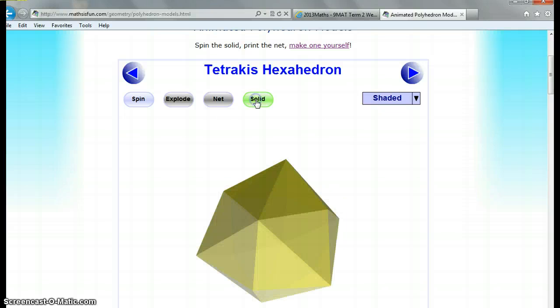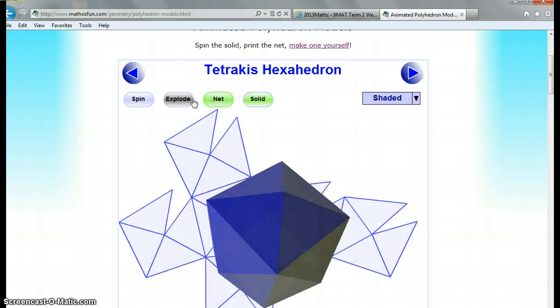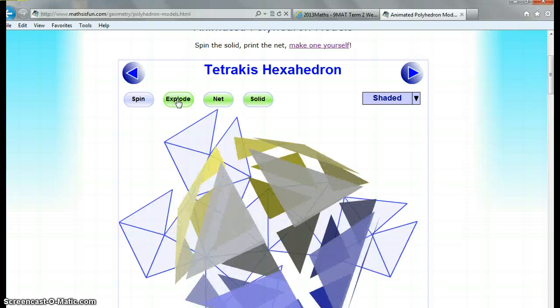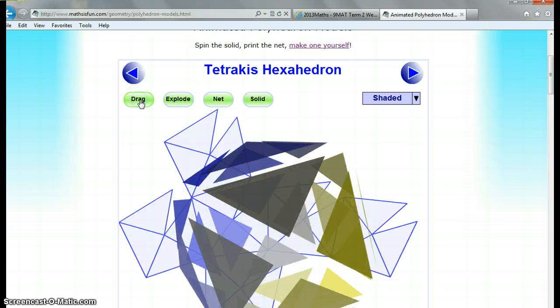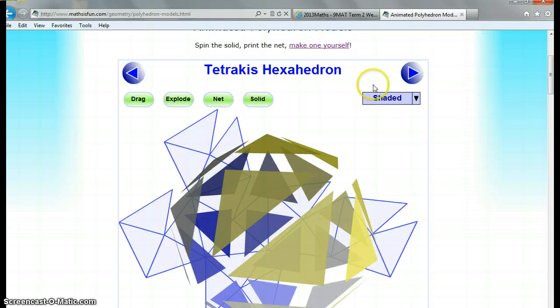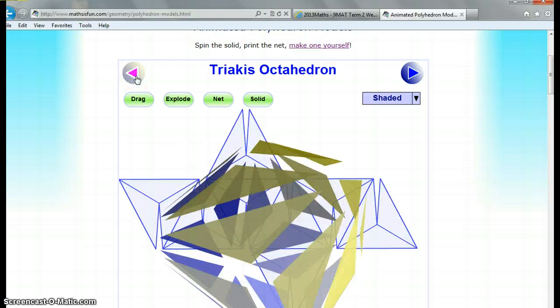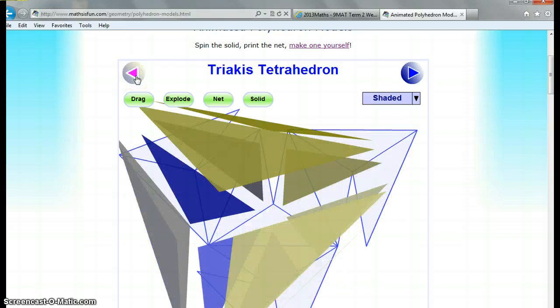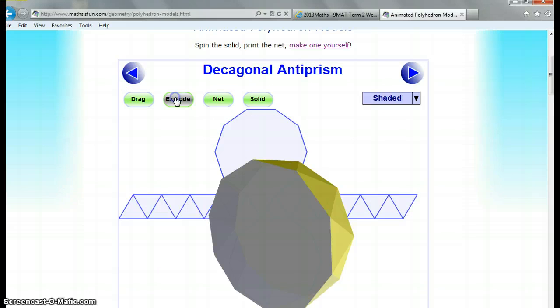Solid, solid, net, explode, and spin. And now here I can drag it. Okay. Yeah, I won't explode them. I'll put them back like that and I'll make them glass.